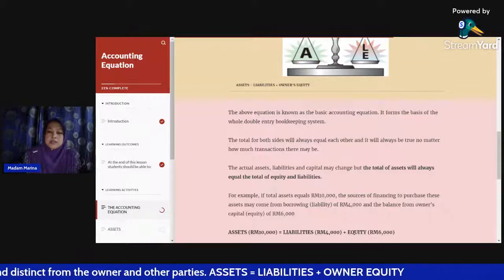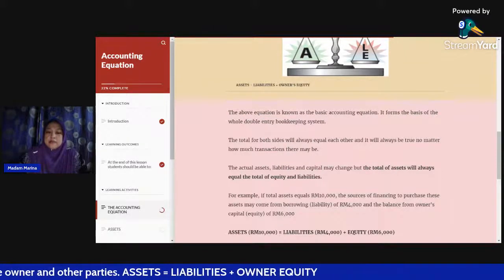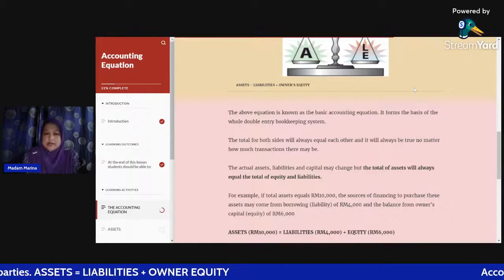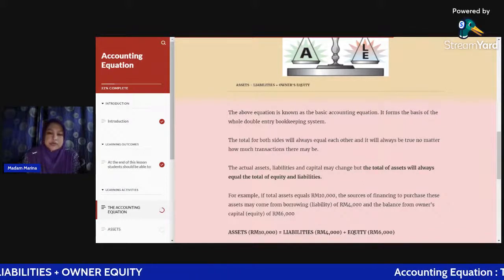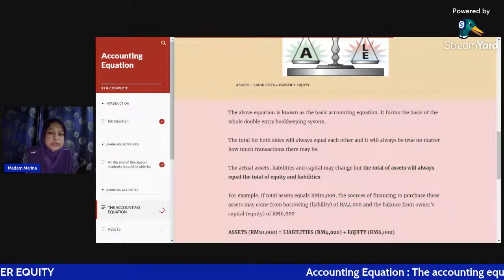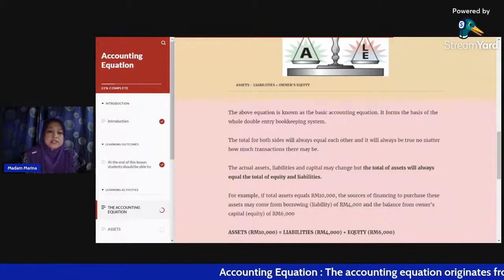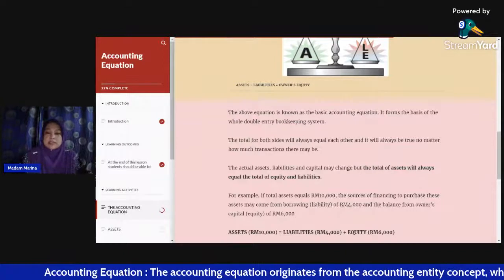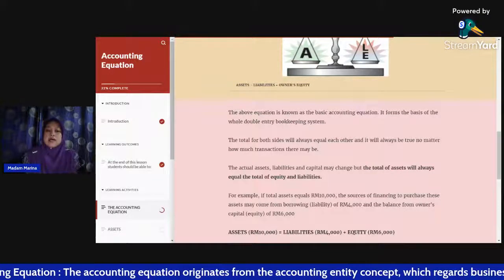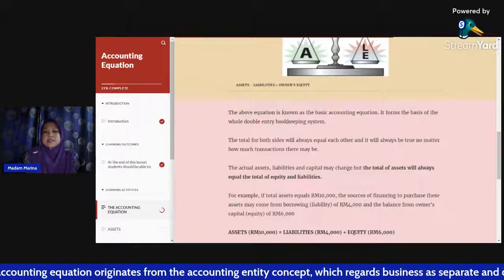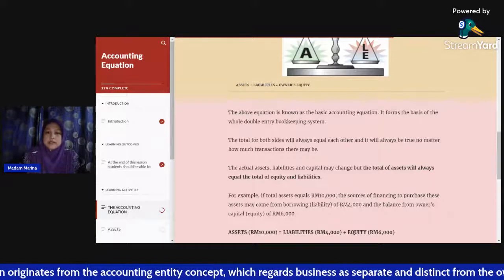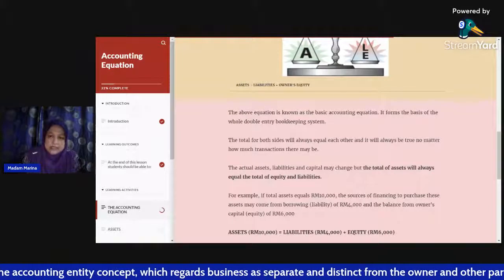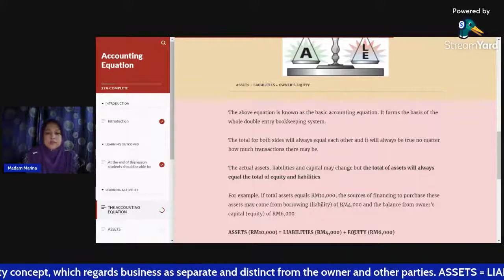The total of both sides, the left and right side, will always equal each other, and it will always be true, no matter how many transactions there may be. Berapa banyak pun transaksi yang ada, the equation mesti sentiasa sama, equal. Asset must always equal liability plus equity.